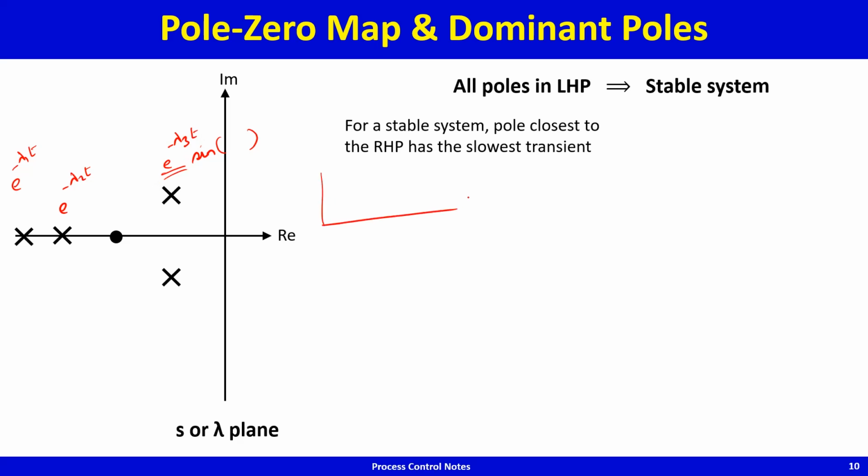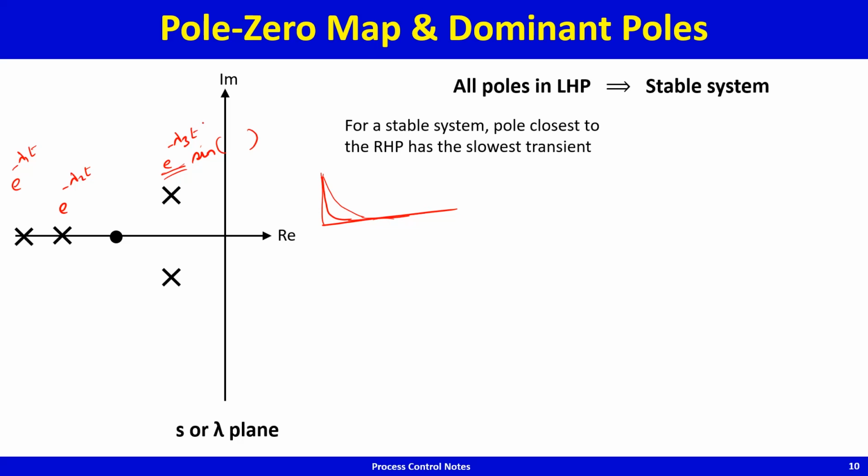If I plot the e to the power minus lambda t terms, lambda 1 magnitude is the largest, so it will decay the quickest. E to the power minus lambda 2 will decay but not as fast.